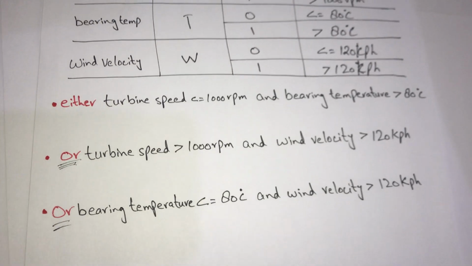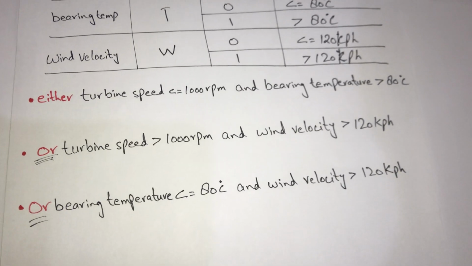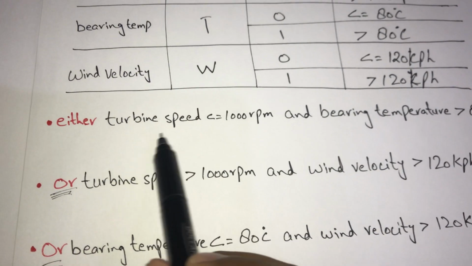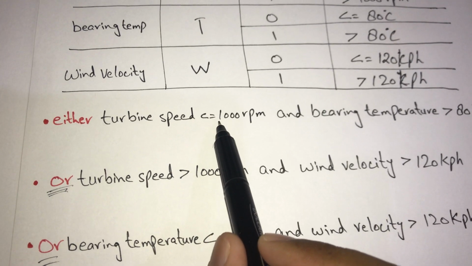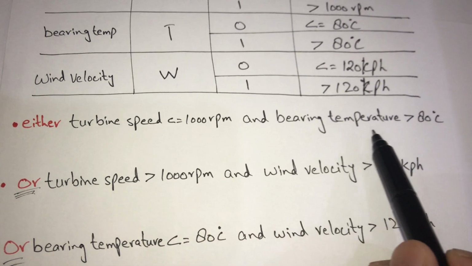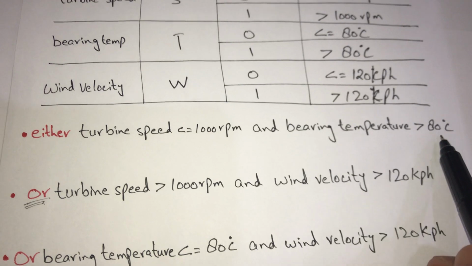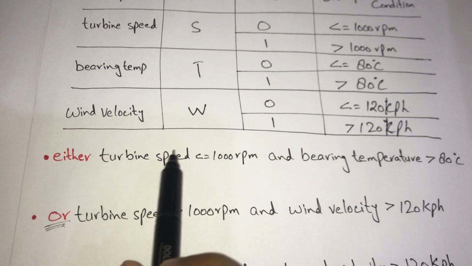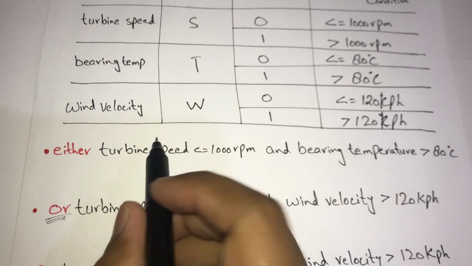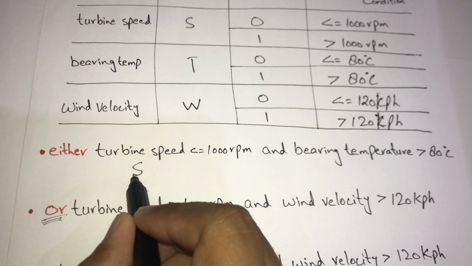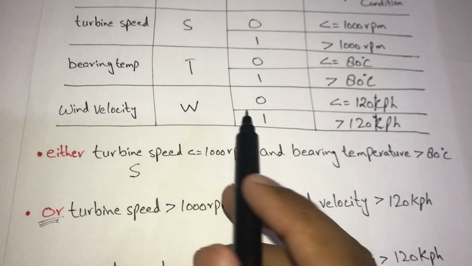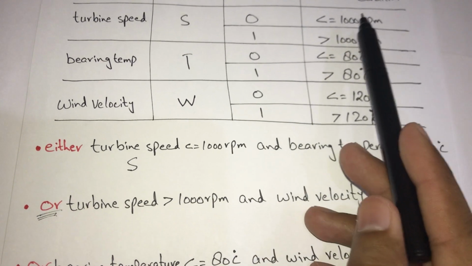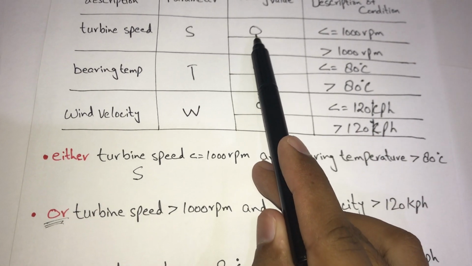So first of all we will convert these statements into logical statements. Starting from the first statement, turbine speed less than or equal to 1000 rpm and bearing temperature greater than 80 degrees. The parameter for turbine speed is S. Turbine speed is less than or equal to 1000 rpm, so the binary value is 0.